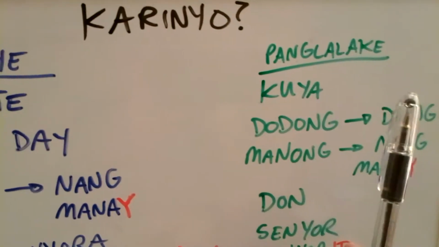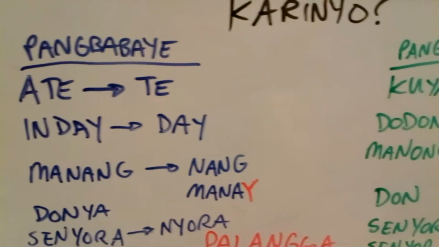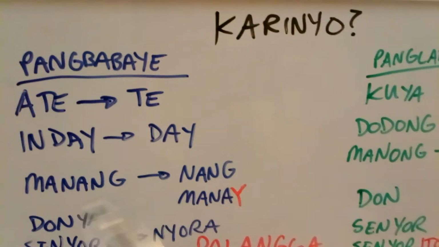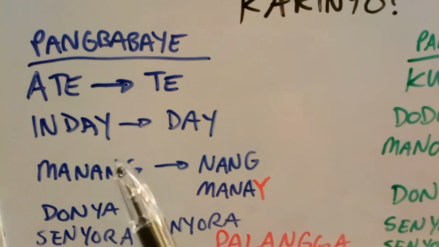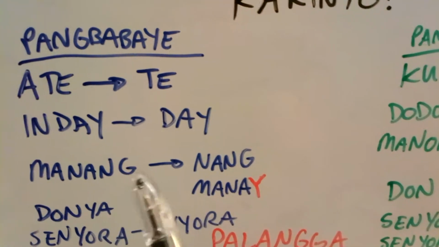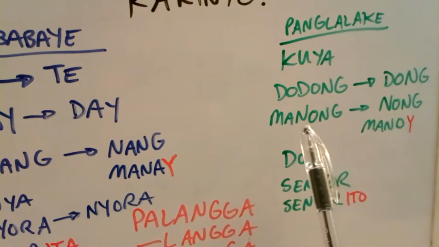For the panglalake, for the males, kuya is the term. But older females can also be referred to as manang, and the same way for males, manong.